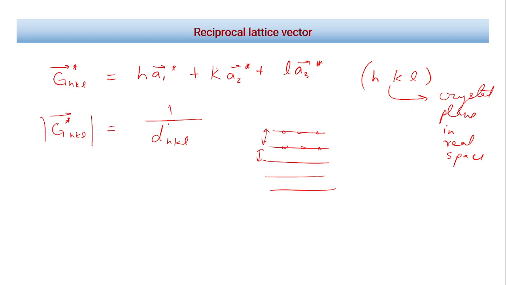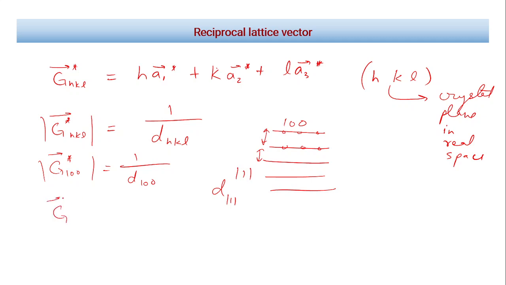For a particular hkl, the interplanar spacing is fixed. Like if it is the 100 plane, then the interplanar distance will be a particular value, and if it's the 111 plane, then the interplanar spacing will be different. So that's why we denote all these d's with a particular hkl. So the magnitude of the reciprocal lattice vector for 100 will be the inverse of the interplanar distance of the 100 plane.